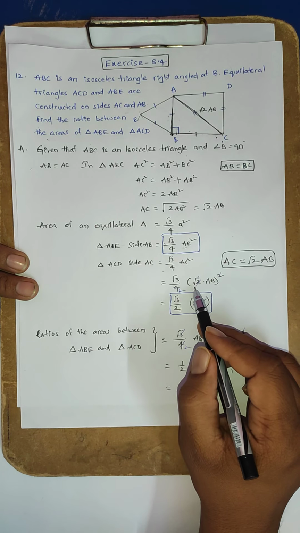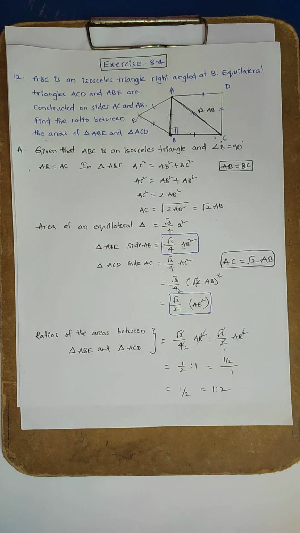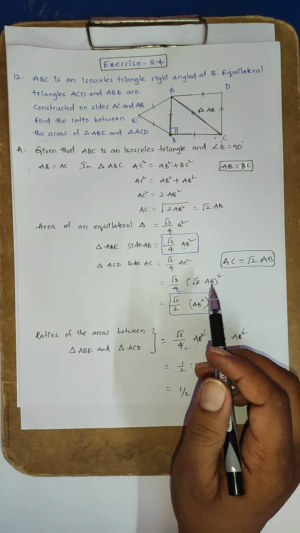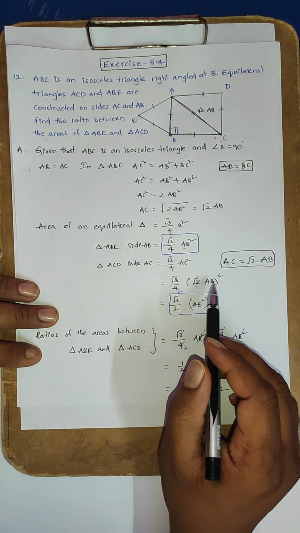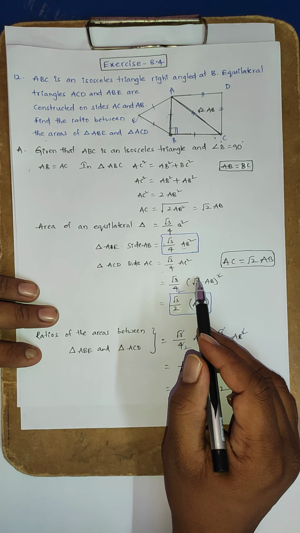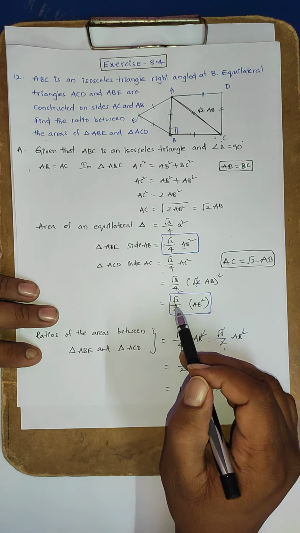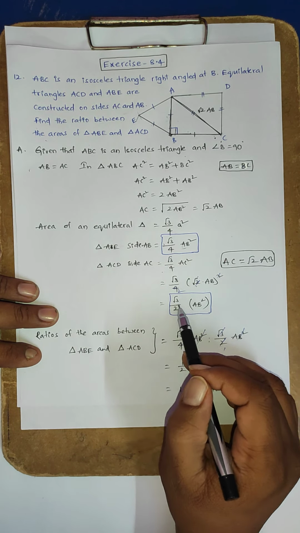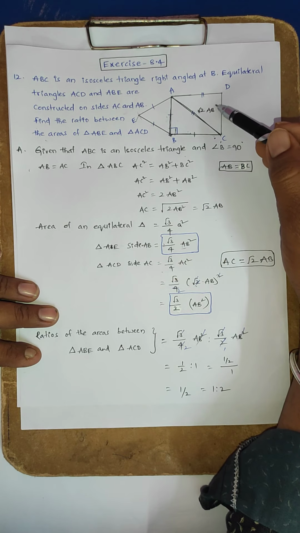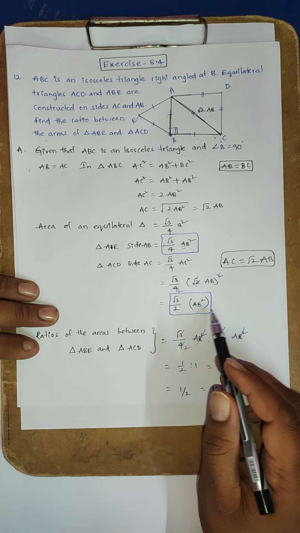This square belongs to root 2 and AB, then square and root get cancelled. Then AB square remains, and after cancellation the 2 remains. 2 times 2 is 4. Root 3 by 2 AB square. This is the area of the equilateral triangle constructed on the hypotenuse.